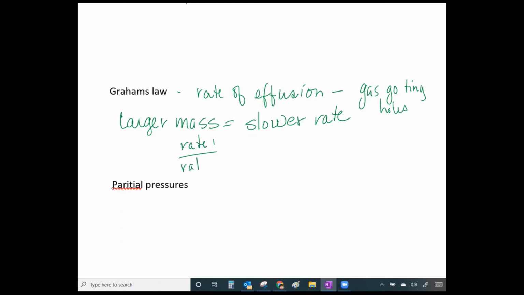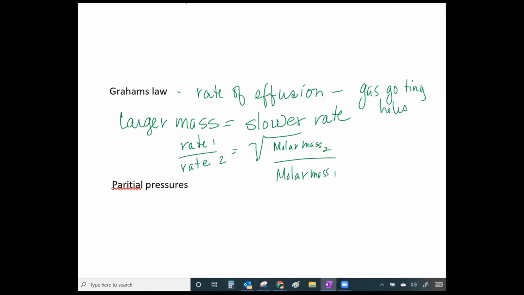And you can actually calculate it, taking the rate of the first divided by the rate of the second is equal to the square root of the molar mass of the second divided by the molar mass of the first. But I really think, I'm almost positive, without looking through here, that the question on the test doesn't ask you to calculate a rate, and it doesn't ask you to figure out a molar mass.